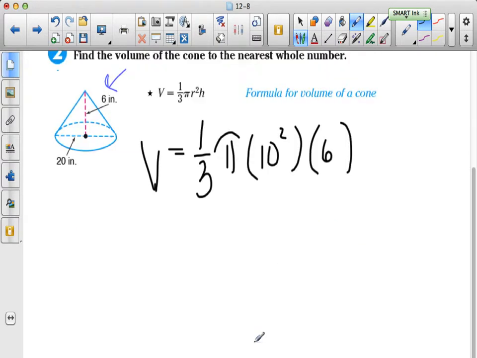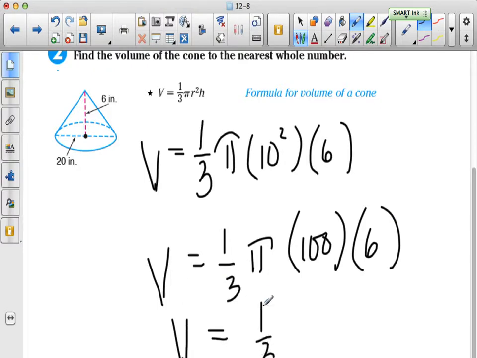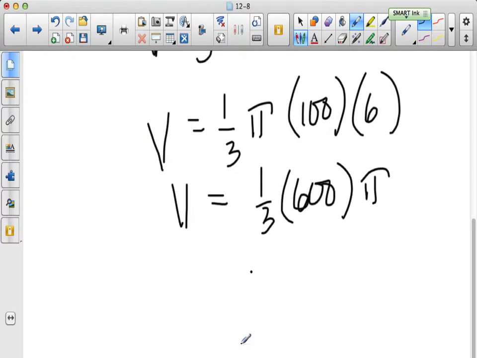Then it becomes 1/3 times pi times 100 times 6, which brings us to 1/3 times 600 times pi. Simplify that further: volume equals 200 pi.